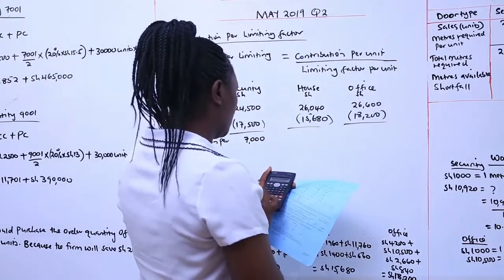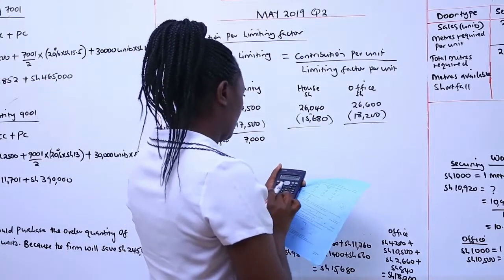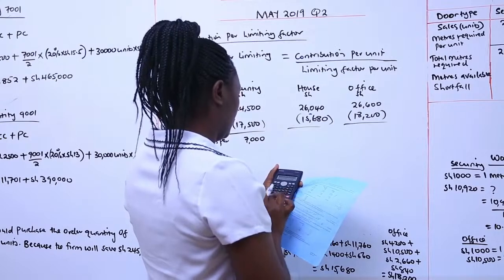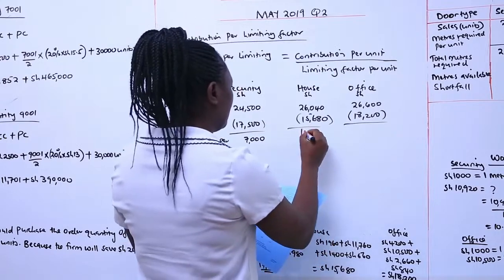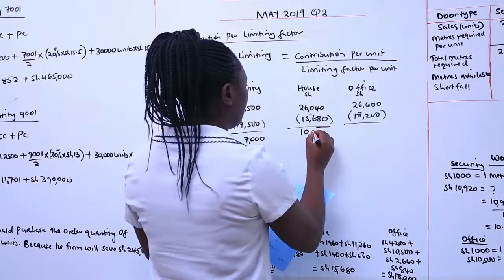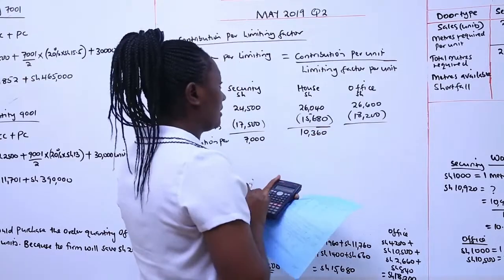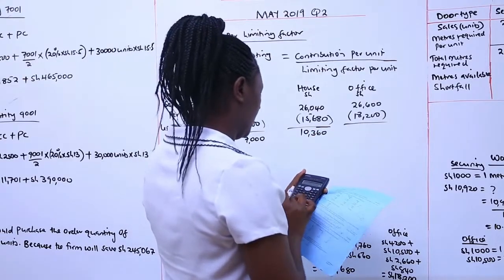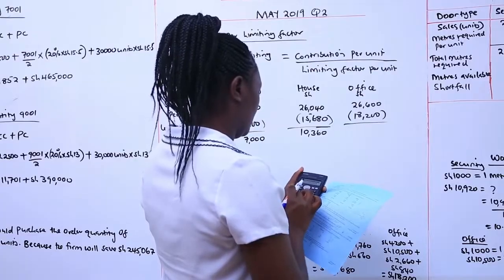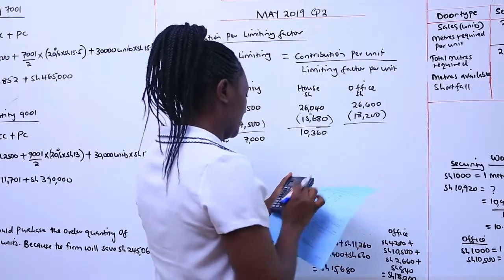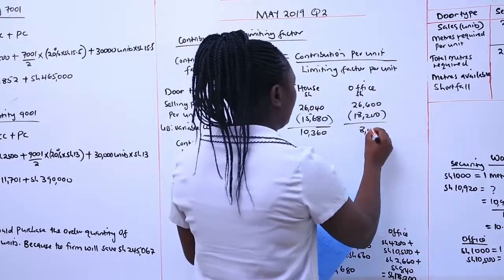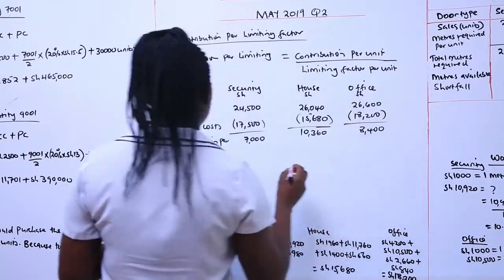For house is equal to 10,360. And for office is equal to 8,400.